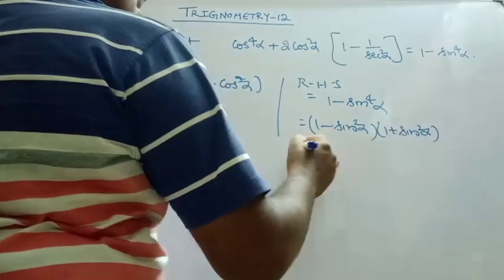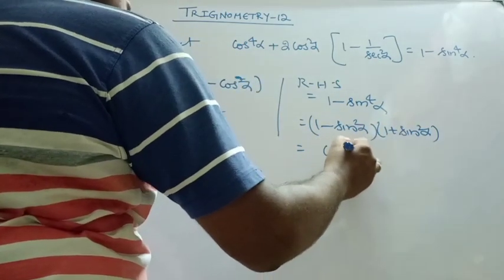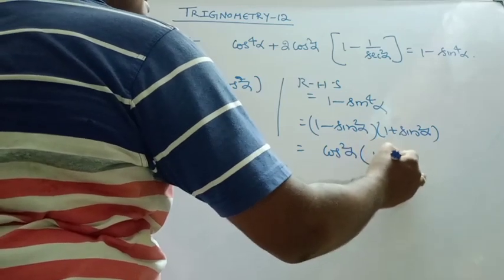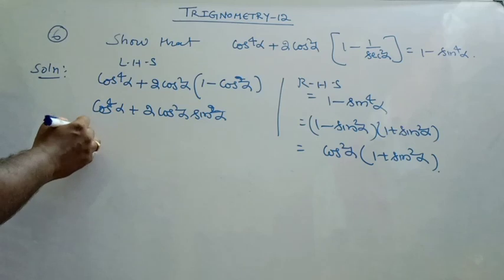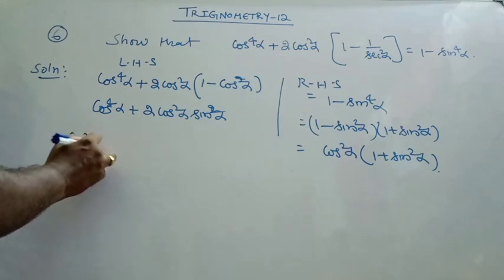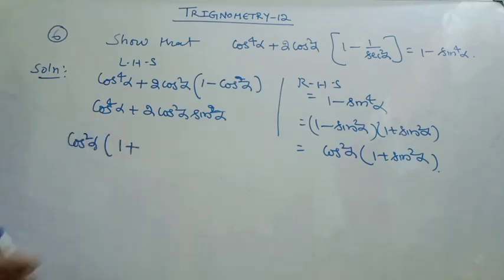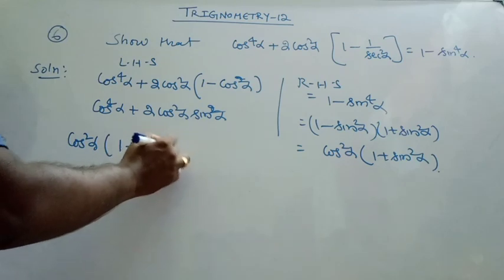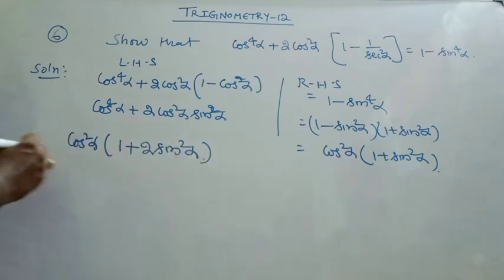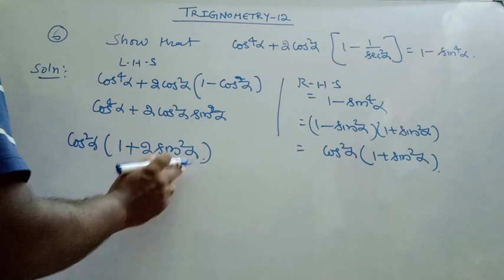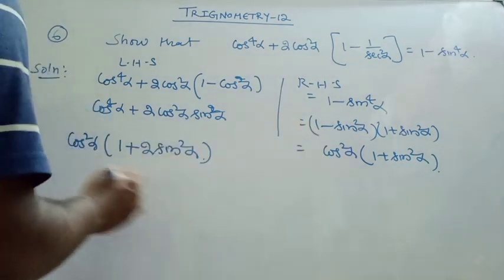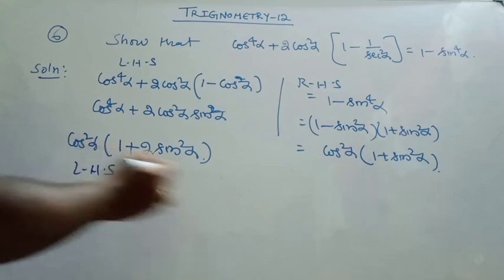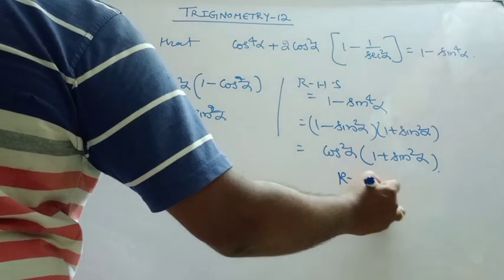Now 1 minus sin square alpha is cos square alpha, so it is cos square alpha into 1 plus sin square alpha, right hand side. And on the left you can take common cos square alpha. If you take common, you have cos square alpha times 1 plus 2 sin square alpha on the left hand side, and this is the right hand side part.